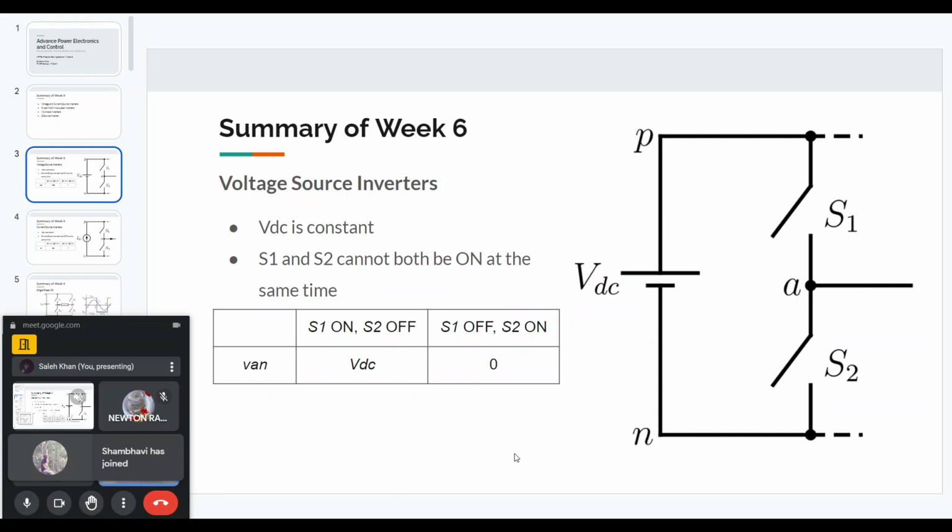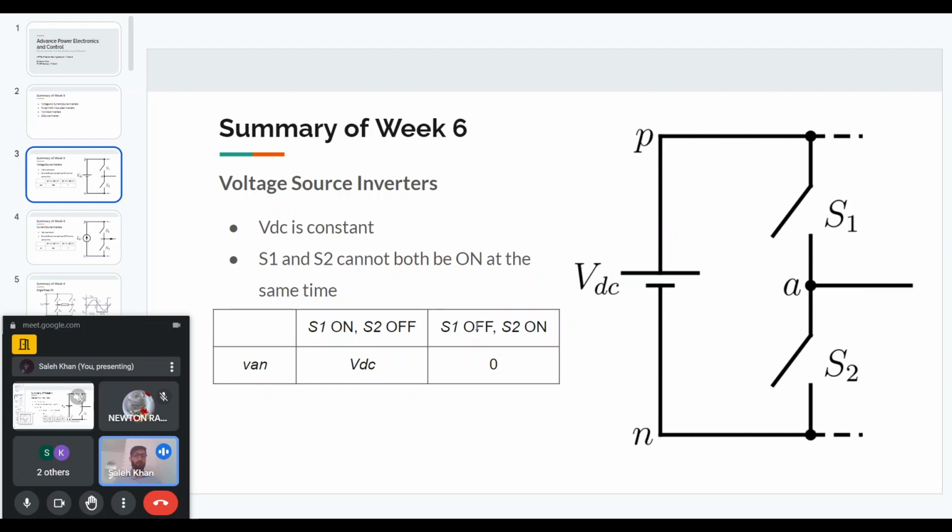Now if we want to achieve an AC voltage at the output, because these are inverters, we have two options based on how these switches are operated. One option is that we turn on S1 and turn off S2. In that case, point A will be connected to point P, so we get full DC voltage across VAN, that is, across the ground and the output terminal we get VDC.